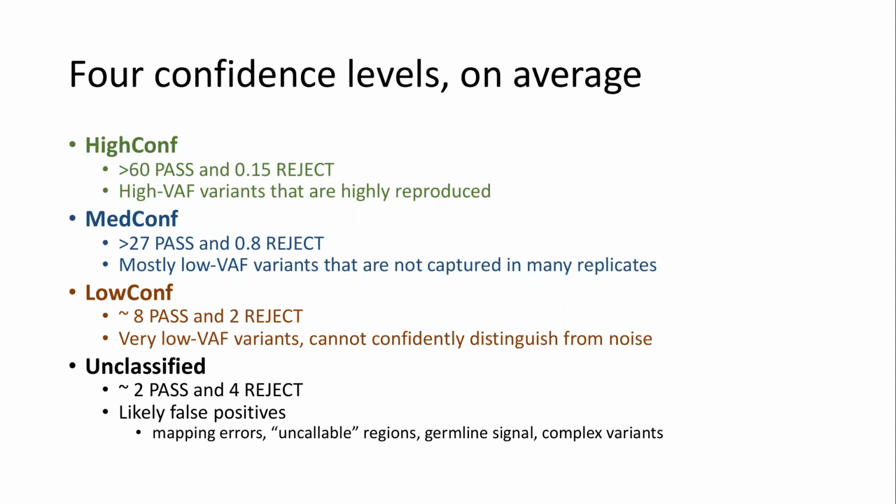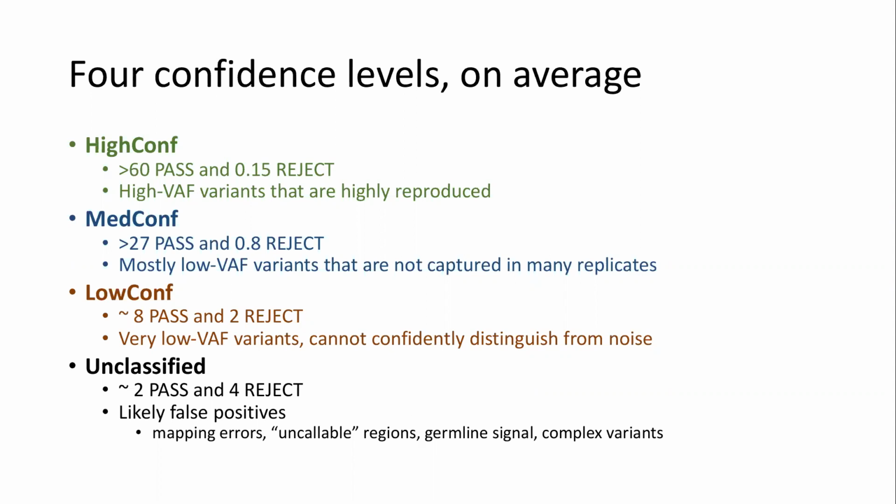And here maybe you can see why. Out of 63 data sets, right, 63 tumor normal BAM files, for the high confidence calls, on average, out of 63 tumor normal data sets, you have over 60 passes. So that's over 90%.